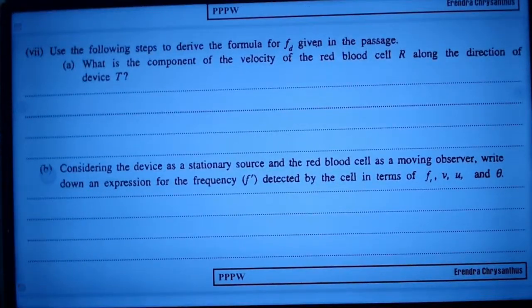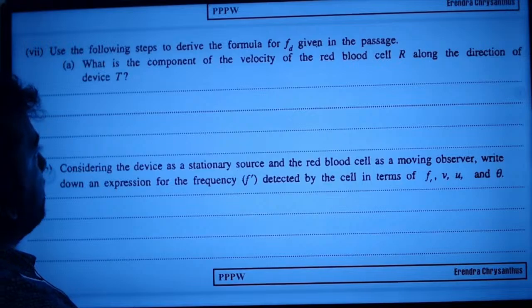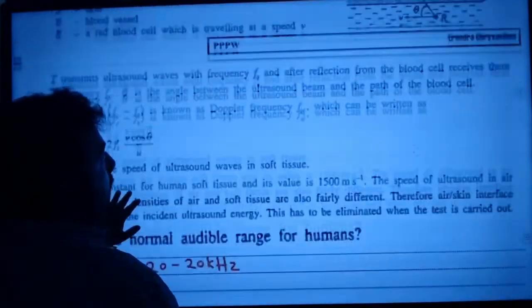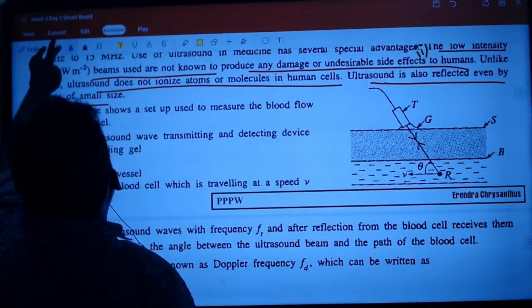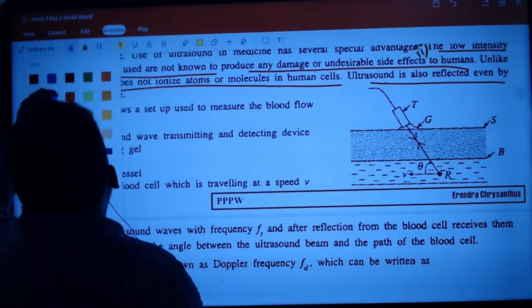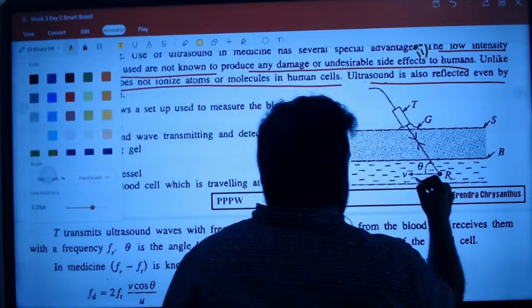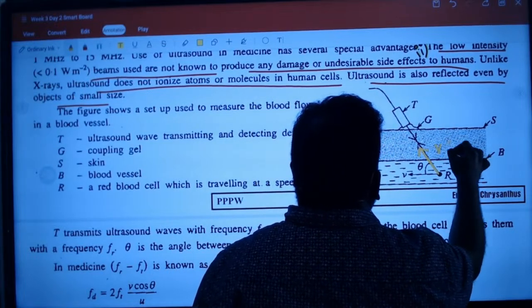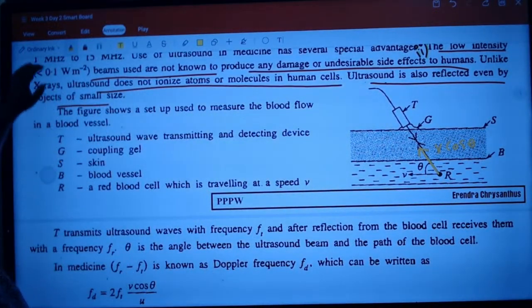Use the following steps to derive the formula of FD given in the passage. What is the component of the velocity of the red blood cell R along the direction of the device T? Now be careful when you do the work. The velocity in the direction of the device is V cos theta.